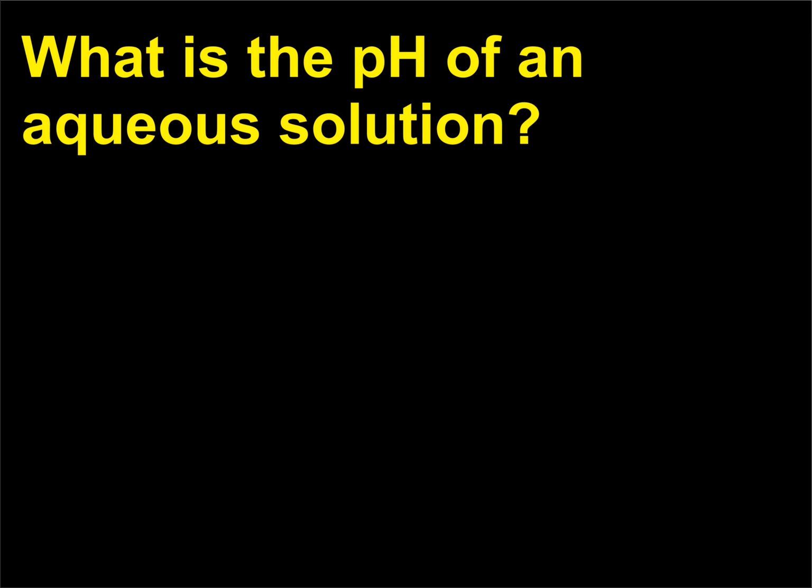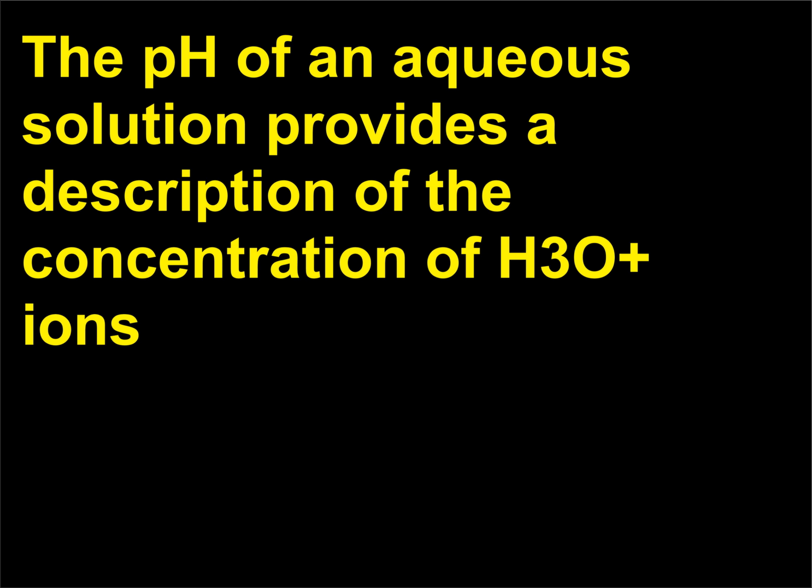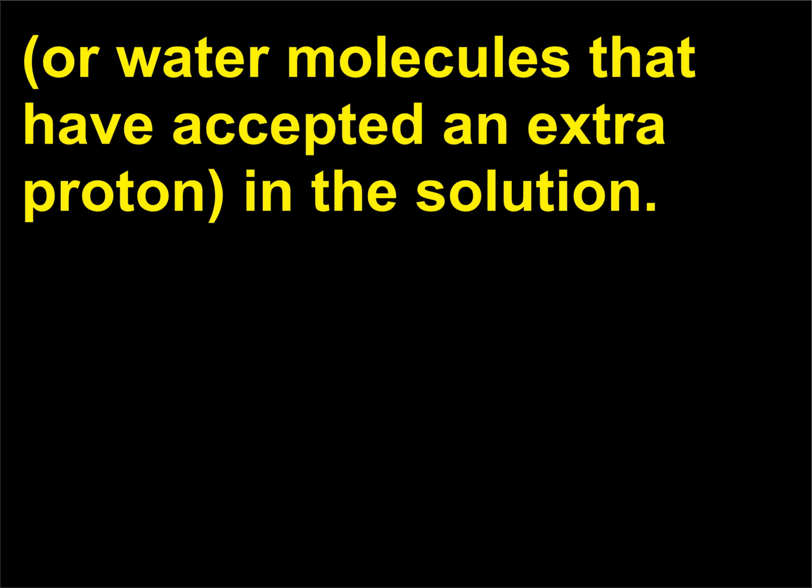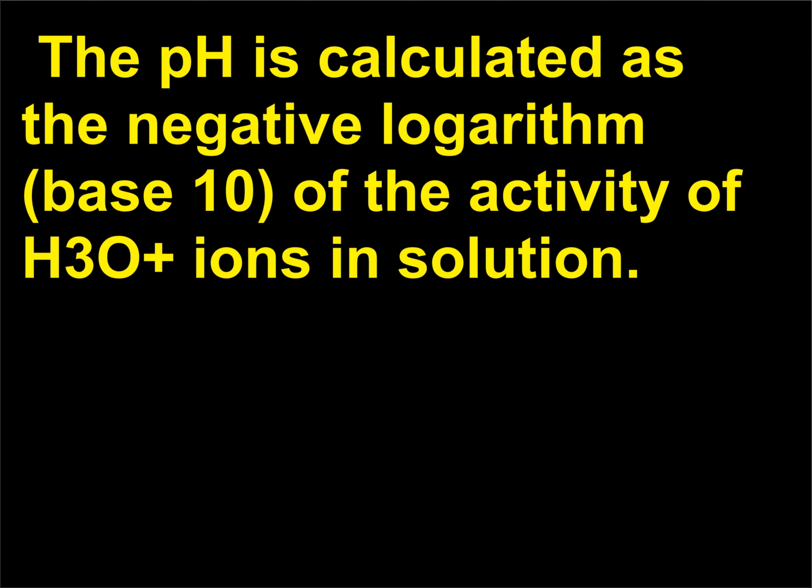What is the pH of an aqueous solution? The pH of an aqueous solution provides a description of the concentration of H3O+ ions, or water molecules that have accepted an extra proton, in the solution. The pH is calculated as the negative logarithm, base 10, of the activity of H3O+ ions in solution.